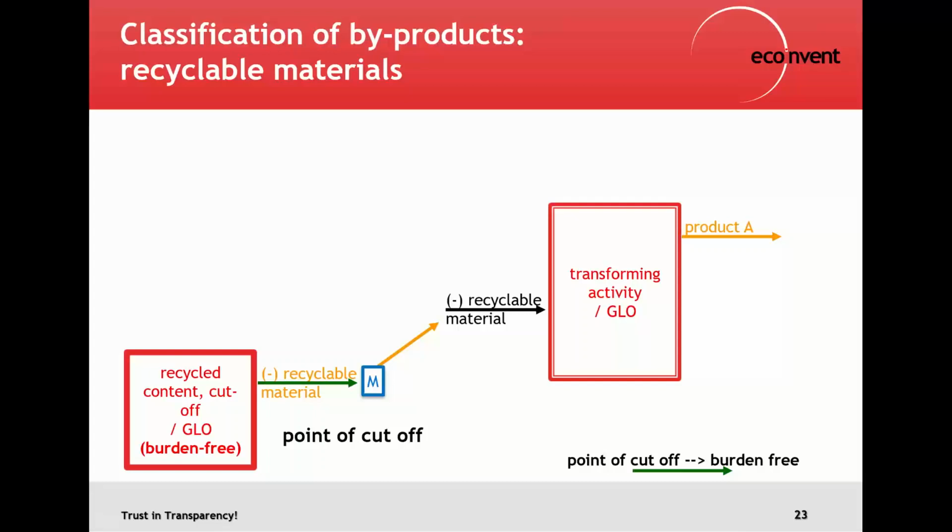Again, here it's a point of cutoff, as marked here in green. In the case of recycling chains, this point of cutoff is happening in the first step of the chain. That's where the point of cutoff will be set.